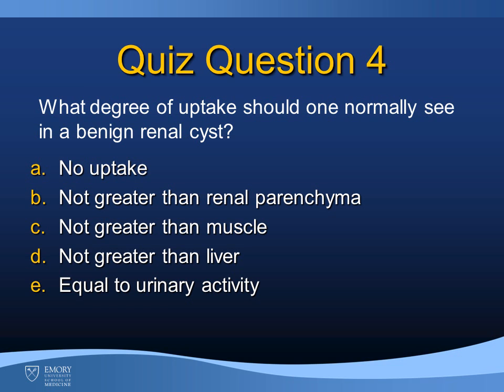Quiz question 4. What degree of uptake should one normally see in a benign renal cyst? No uptake, not greater than renal parenchyma, not greater than muscle, not greater than liver, or equal to urinary activity? And the answer is no uptake.